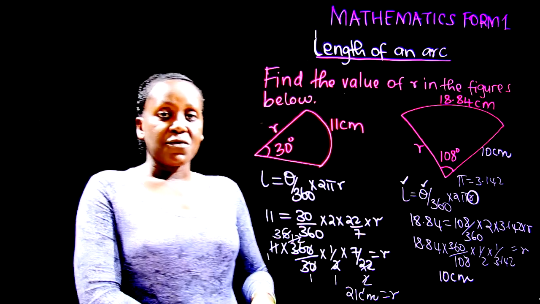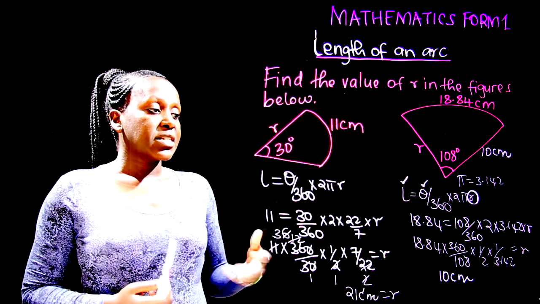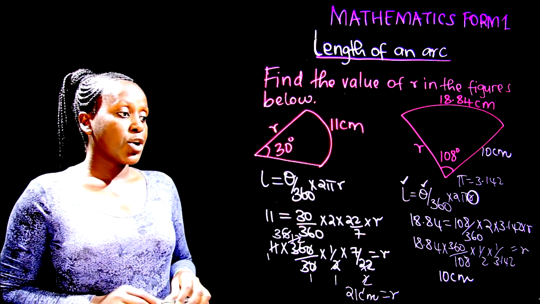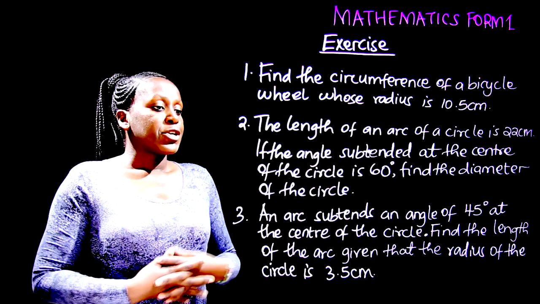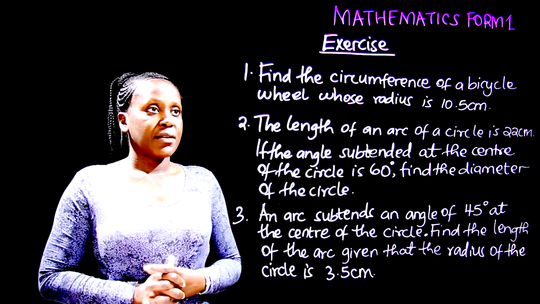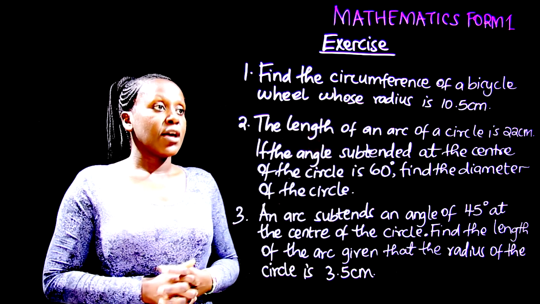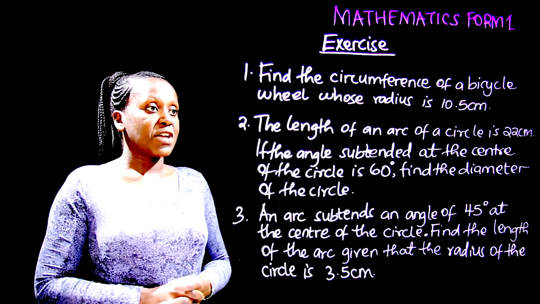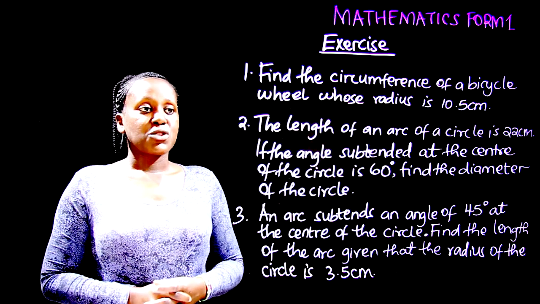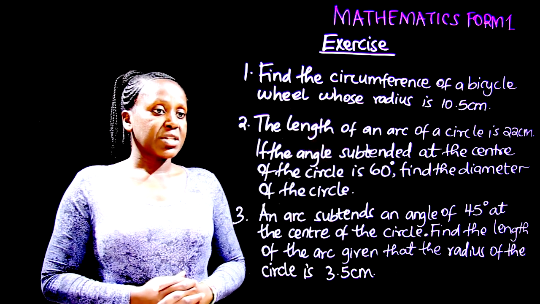Now I'm going to give you a few questions that you are going to use to determine whether you have understood what we have learned today. Learners, you're going to attempt these questions. Number 1, find the circumference of a bicycle wheel whose radius is 10.5 centimeters. Number 2, the length of an arc of a circle is 22 centimeters.